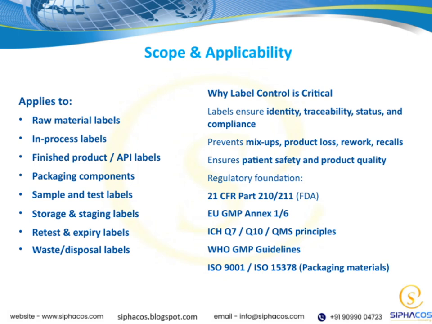Essentially, any point where labeling is involved, proper control helps ensure accuracy, compliance, and safety. So, understanding and implementing effective label control is fundamental to our overall quality management and regulatory adherence. It's a critical piece of our commitment to delivering safe, high-quality products.